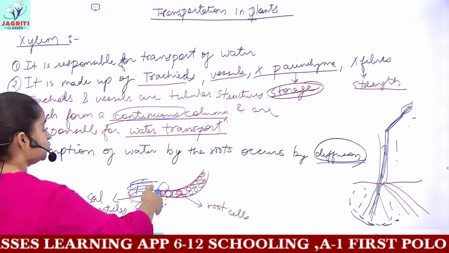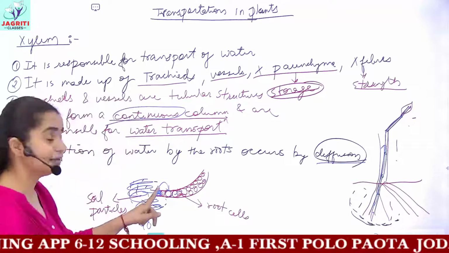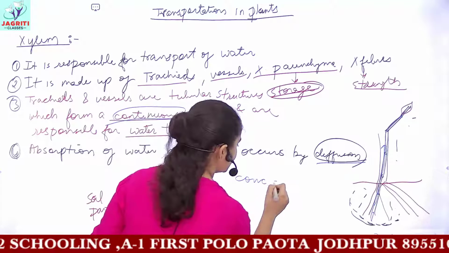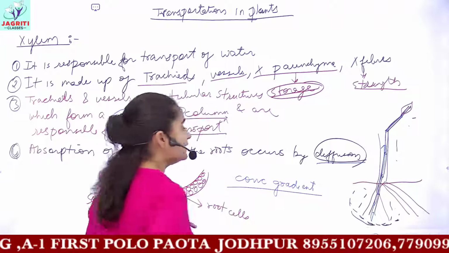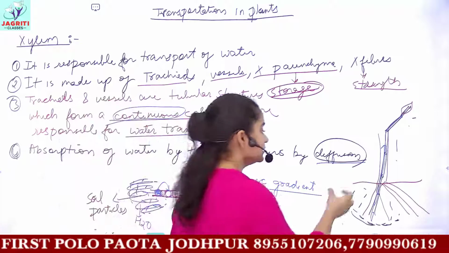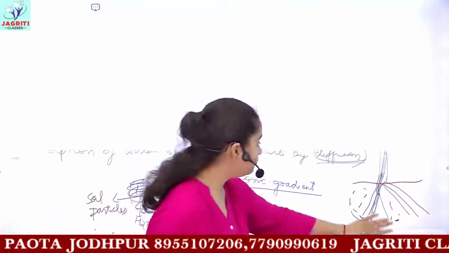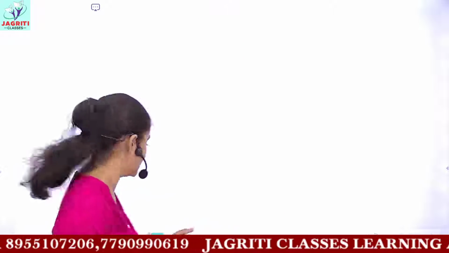That is due to concentration gradient or difference in concentration. Now we were discussing what causes this water to reach up to so much height. So yes, diffusion process cannot compensate the flow of water to higher positions in plants.